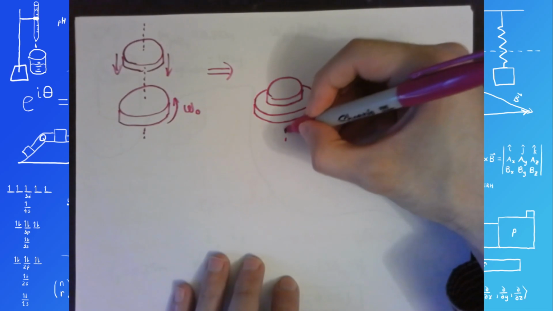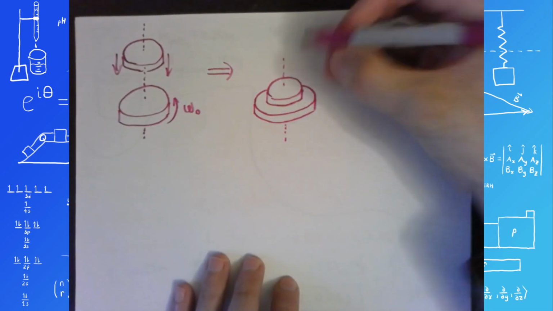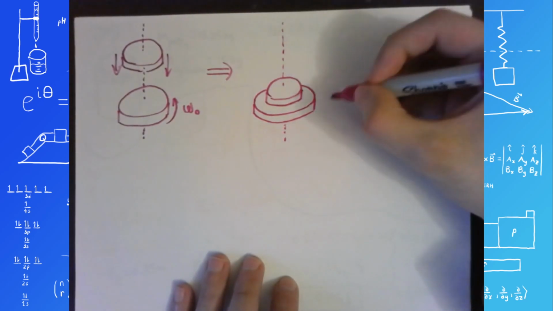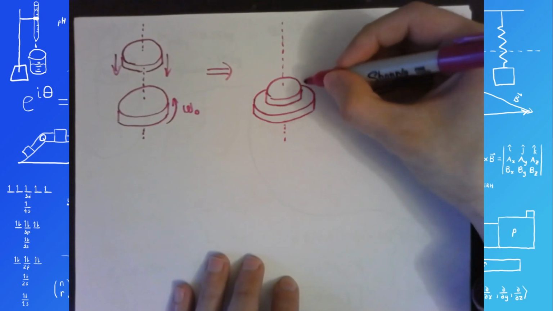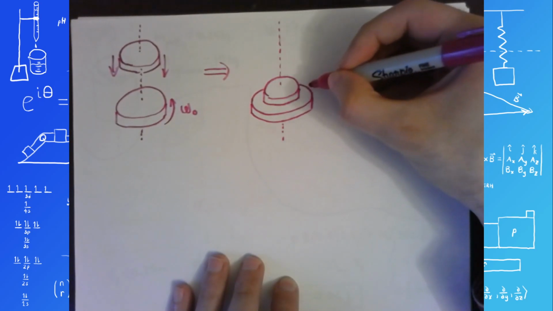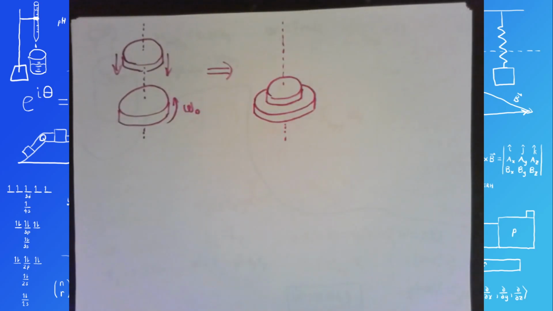There we go. And together they both spin at a new rate of just plain omega.